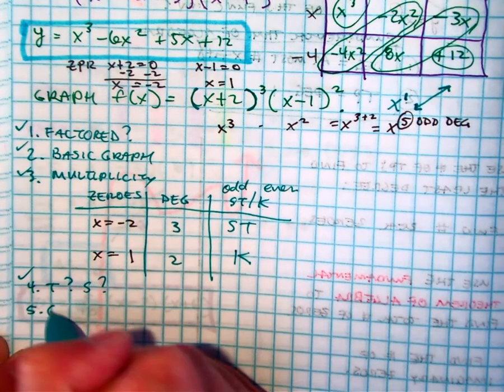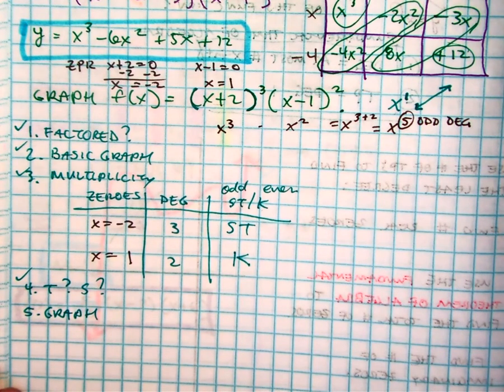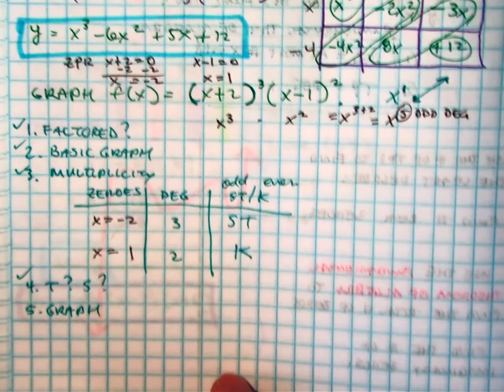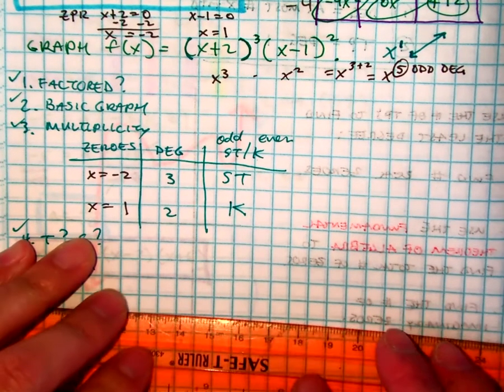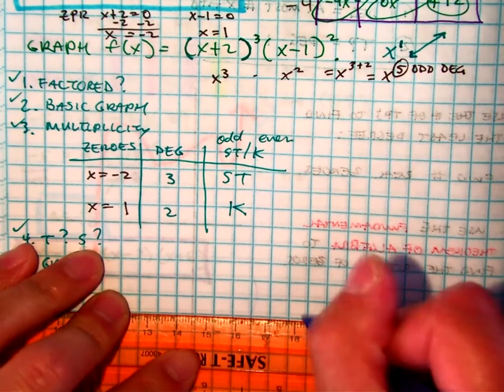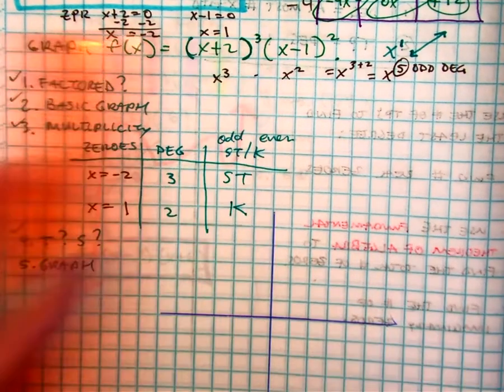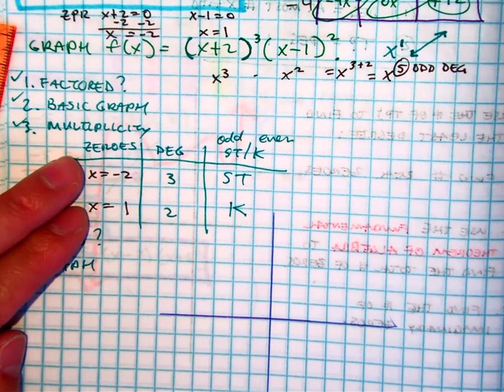Let's go ahead and graph this with your straight edge. Think ahead. You have x values that are 1 and negative 2. If you have a highlighter, this is very helpful.